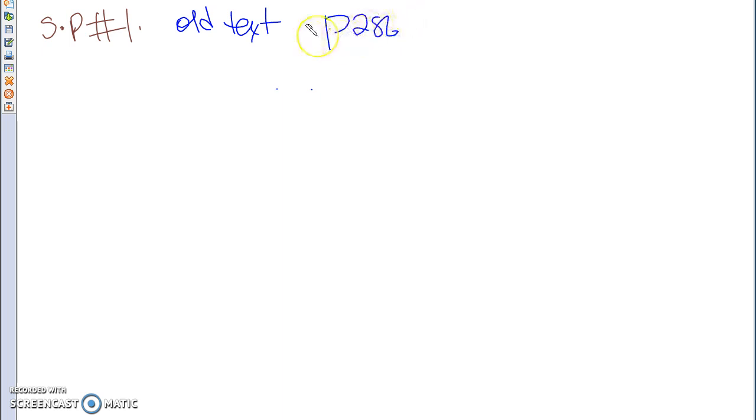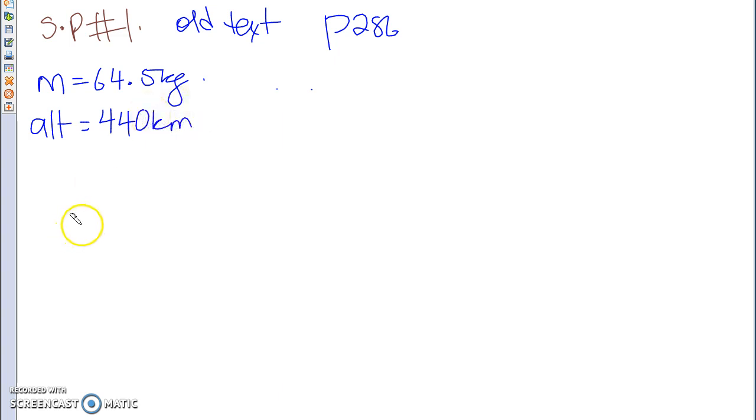The question is as follows: what is the change in the Earth's gravitational potential energy for an astronaut of mass 64.5 kilograms lifted from the Earth's surface into a circular orbit of altitude 440 kilometers?